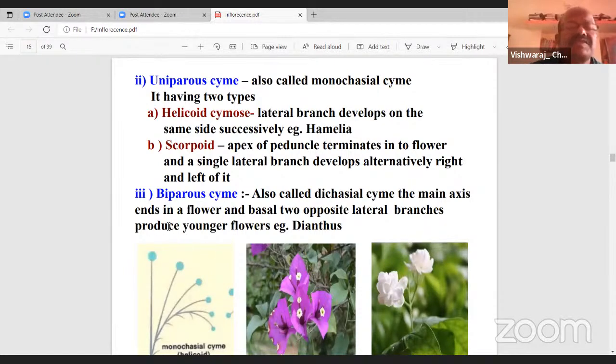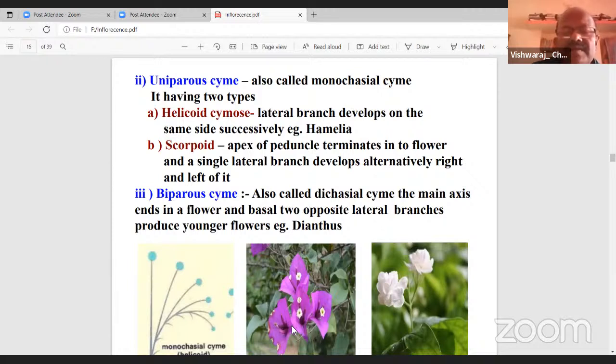The main axis ends in a flower, and the two basal opposite lateral branches produce younger flowers.